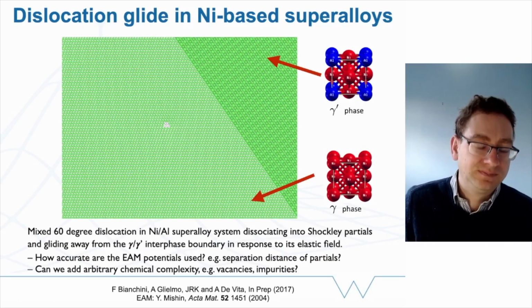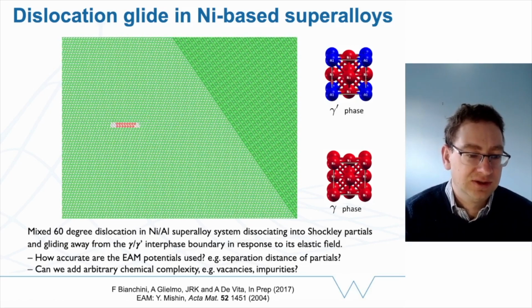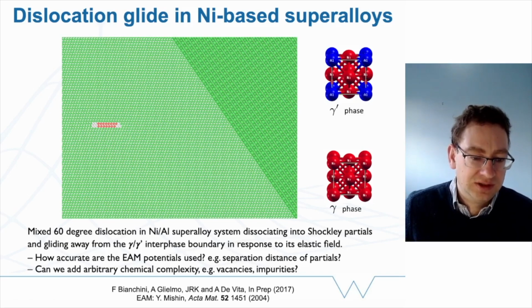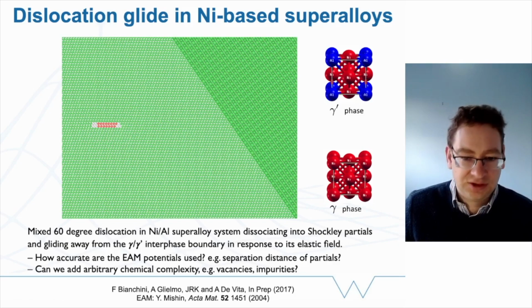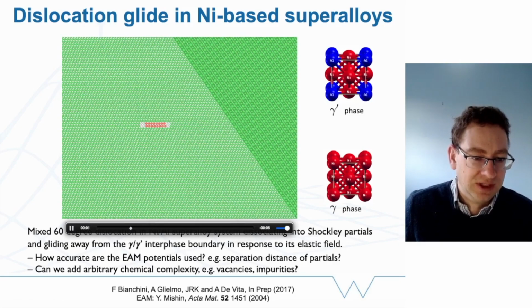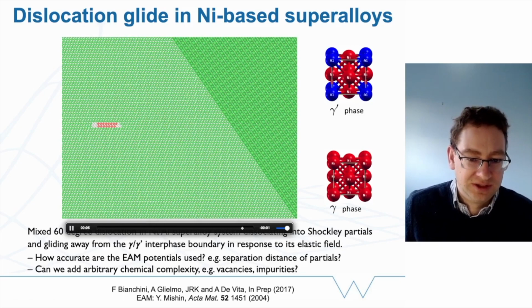So for example, we might be interested in looking at these dislocations that I was talking about inside a jet engine turbine blade. So this is a simulation of the inside of one of those superalloys, where we might be interested in trying to understand how dislocations move around. So let me just play the movie again. Dislocations move around inside parts of the material. Here we've got a separation into two different types.